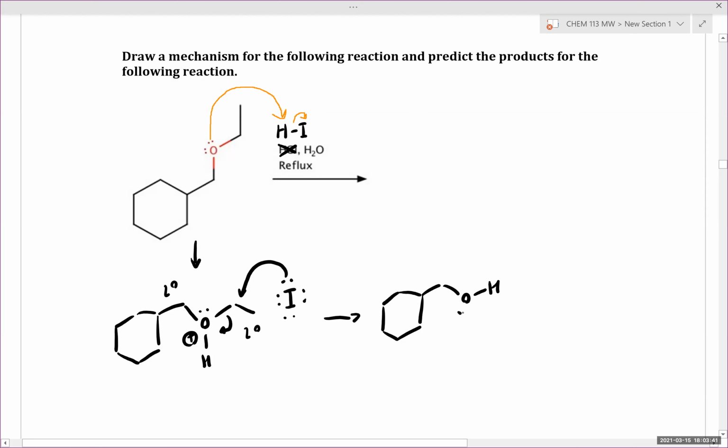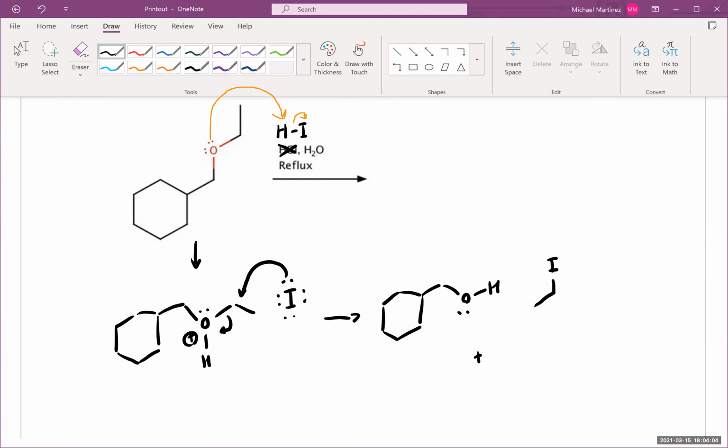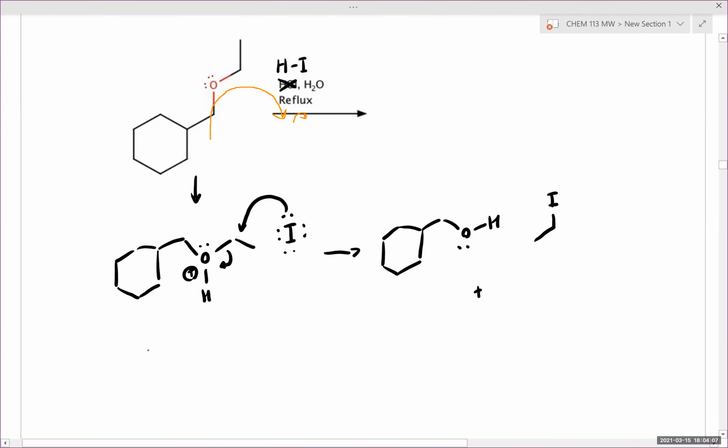That gives us our alcohol. And it gives us our desired primary alkyl iodide. Yep. Another byproduct that we could potentially see can be formed if we attack at the other position.